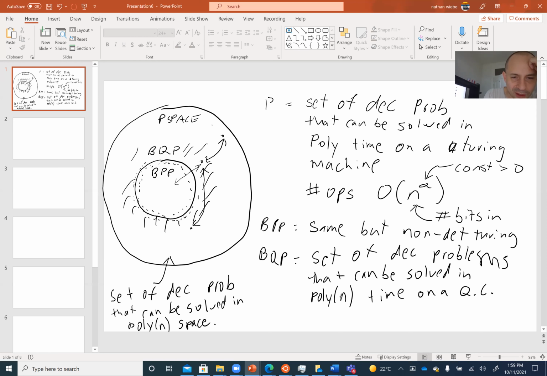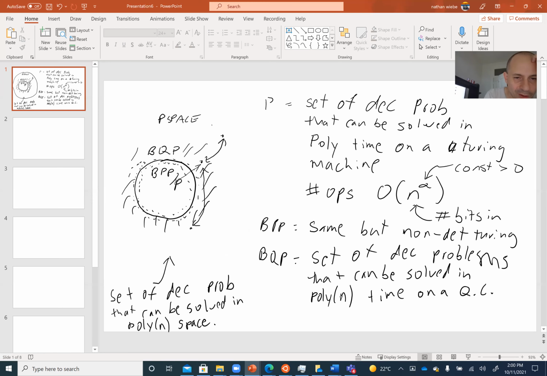And embarrassingly, we don't even know whether or not P is equal to P space. So in principle, even P space could collapse down to give everything being polynomially equivalent. So that's a real bummer.